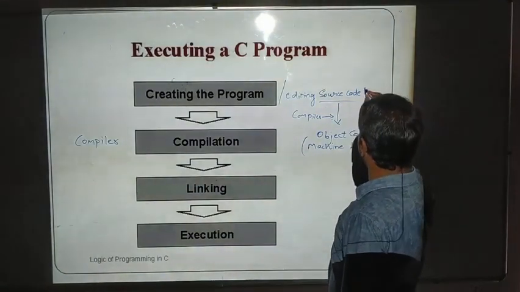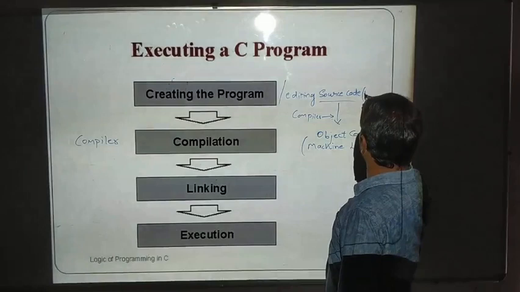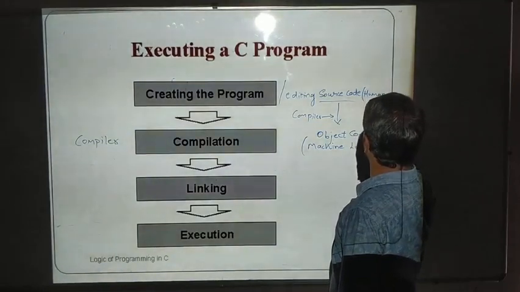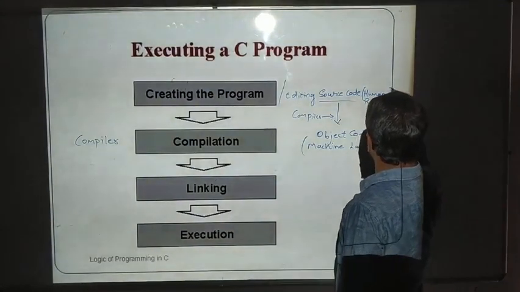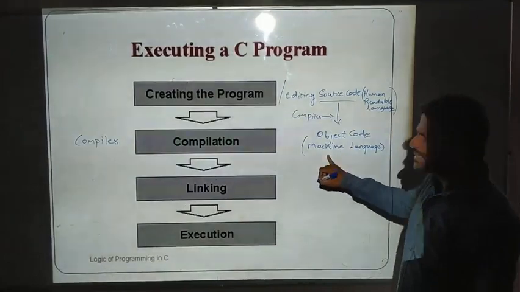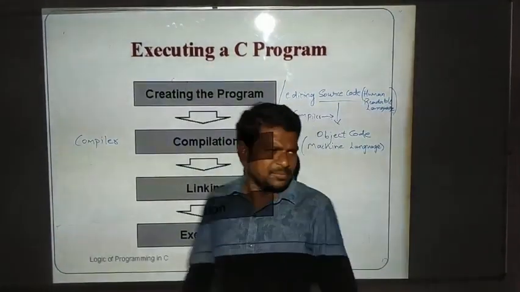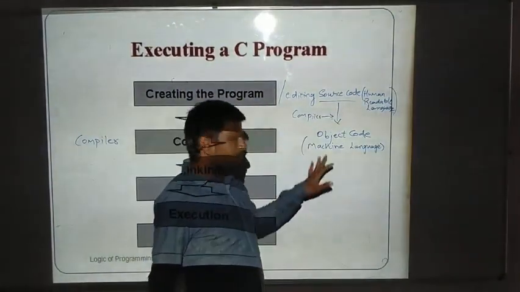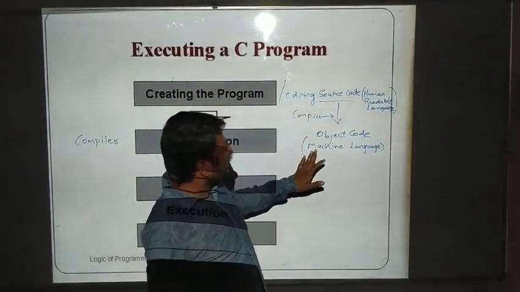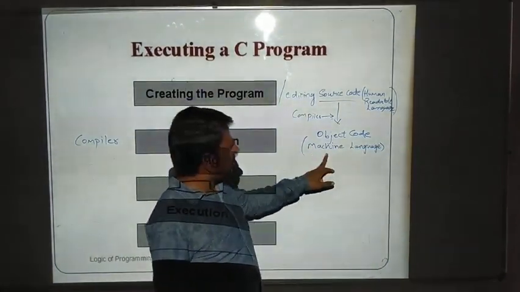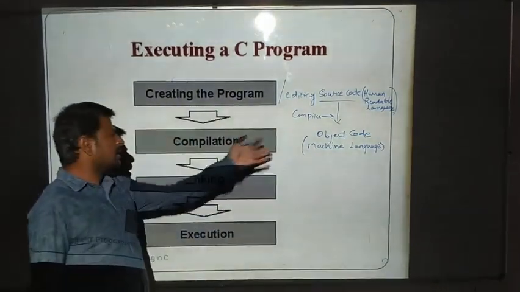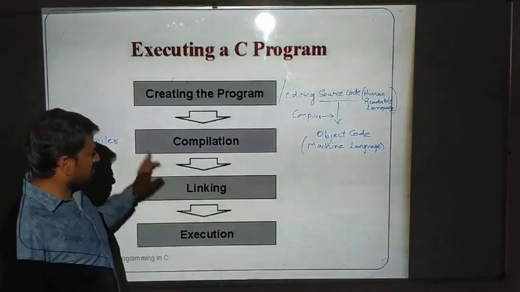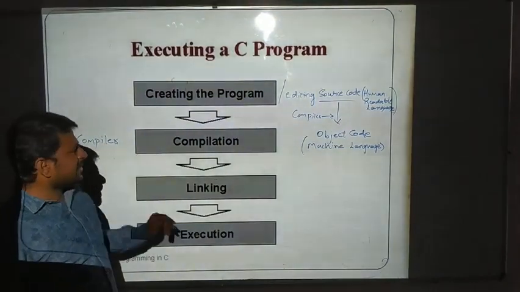Whereas this source code is in human readable language. So each and every instruction will be converted into machine language. This machine language is called what? Object code.